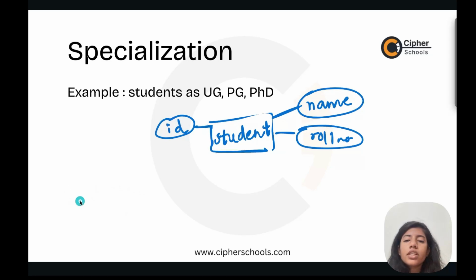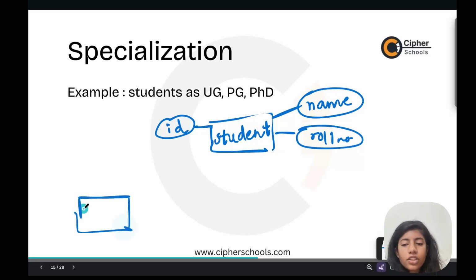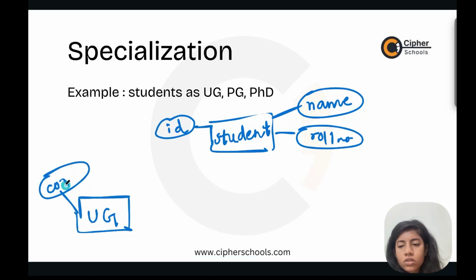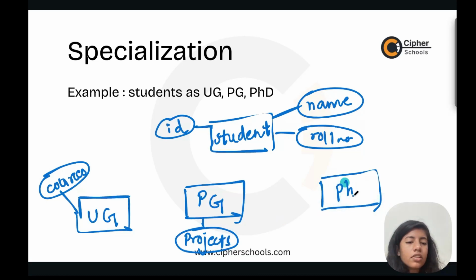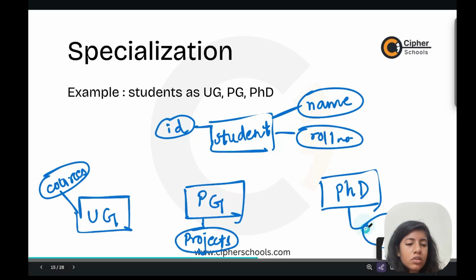Now, specifically, for an undergraduate student, a UG student, they can have some courses. Then for a postgraduate student, they can have some projects or something like that. For PhD students, they have their thesis, some thesis name, supervisor, and all these things.